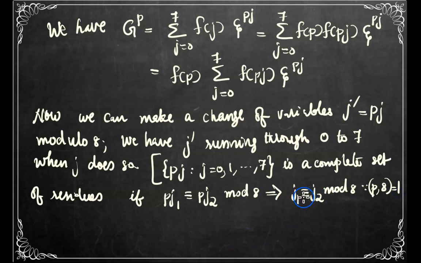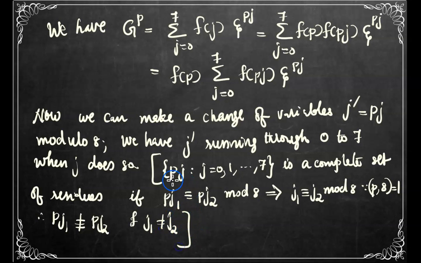But this cannot happen since j1 and j2 are two distinct elements from the set 0, 1, 2, etc. up to 7. And we know that this is a complete set of residues. So these elements are not congruent to one another. So this cannot happen. Hence, for two distinct elements pj1 and pj2 from this set, we can conclude that they will be incongruent. So pj1 is not congruent to pj2 if j1 is not equal to j2.